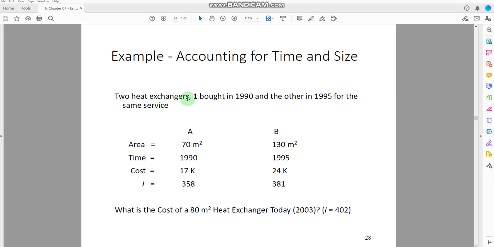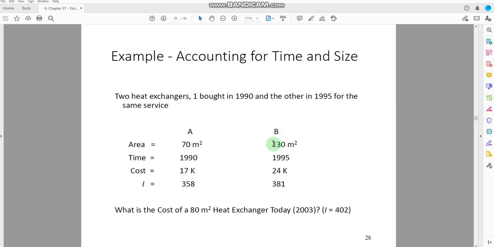Two heat exchangers, one bought in 1990 and the other in 1995 for the same service. So these are the two heat exchangers that we are buying at two different times. So for the first case here, the area is 70 meters square, the year was 1990, the cost is $17,000, and the cost index is 358.